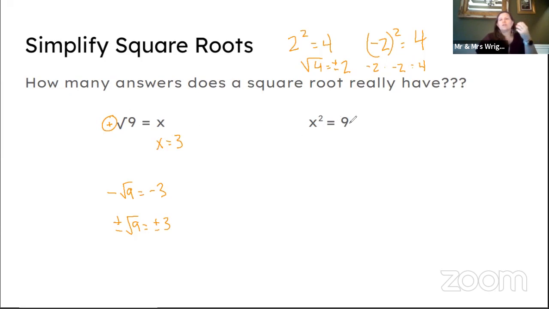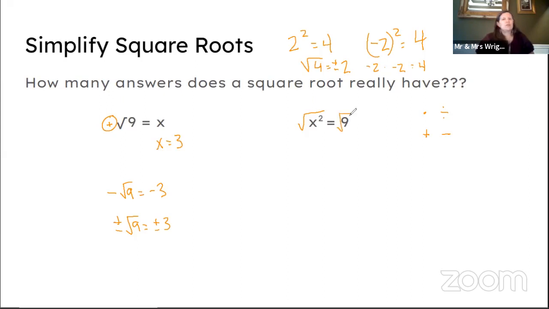But what happens when you insert the radical into the problem yourself? Say you have a problem you're trying to solve, like an algebra problem that ends up being x squared equals 9. Well, in order to undo this squared, you take the square root. Just like in order to undo multiplication, you do division, and in order to undo addition, you do subtraction. In order to undo a square, you do the square root.